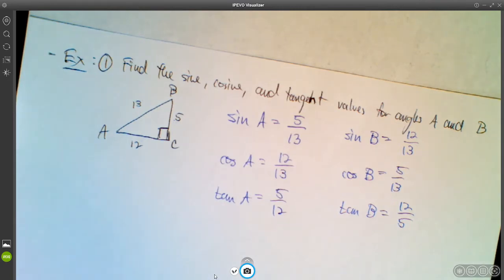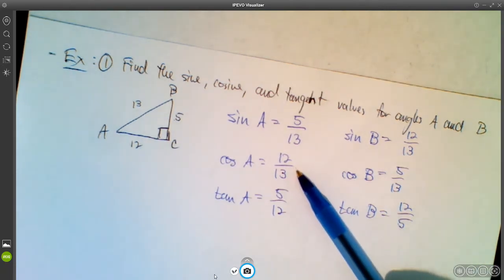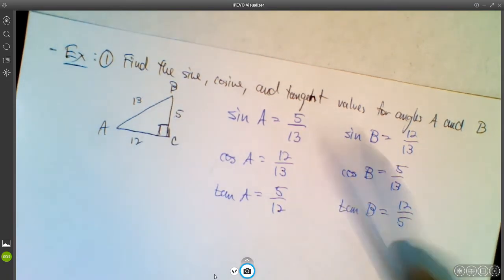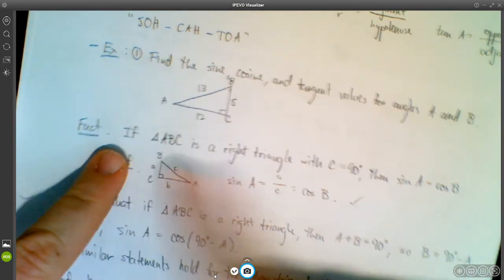Okay, so that's that. One thing that you may notice looking at this example is that sine B is the same as cosine A, and sine A is the same thing as cosine B. And that's because of the cofunction identities that we're going to discuss in a second. But first, let's just say that that's going to be true in general.